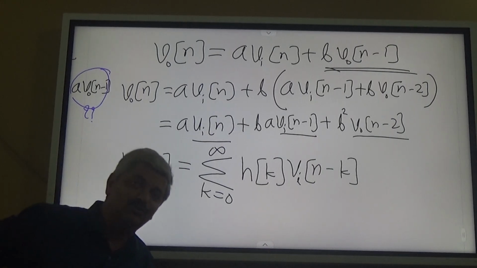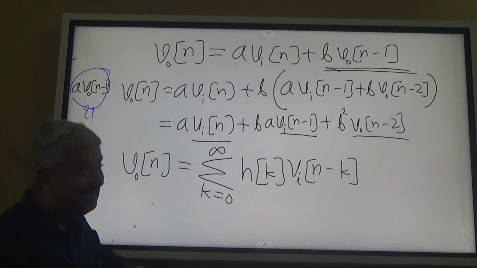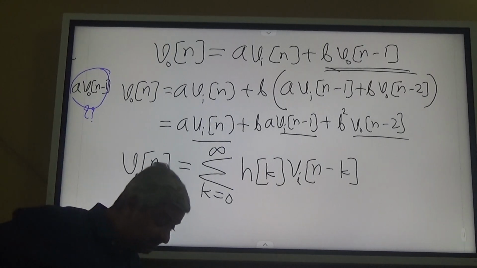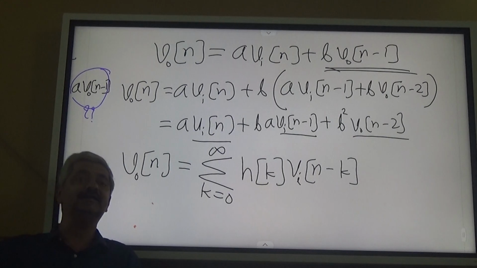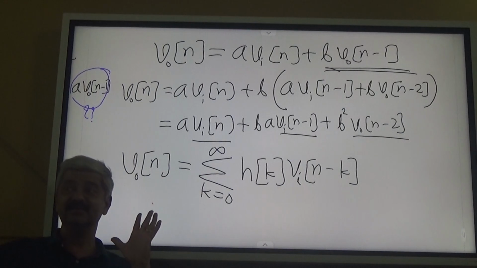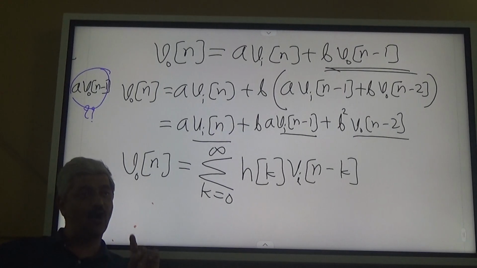So what is the current output? Current output sample is a weighted sum of current and all previous input samples. Do you agree now?